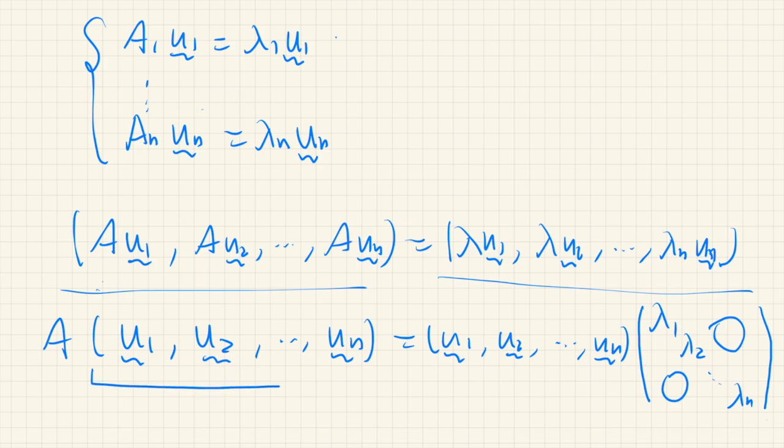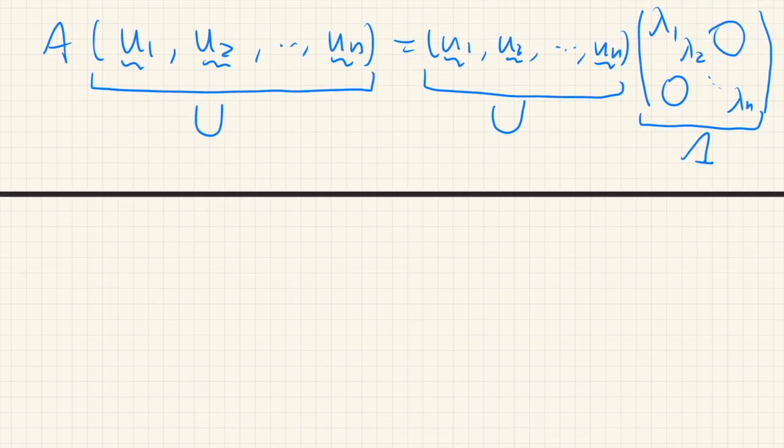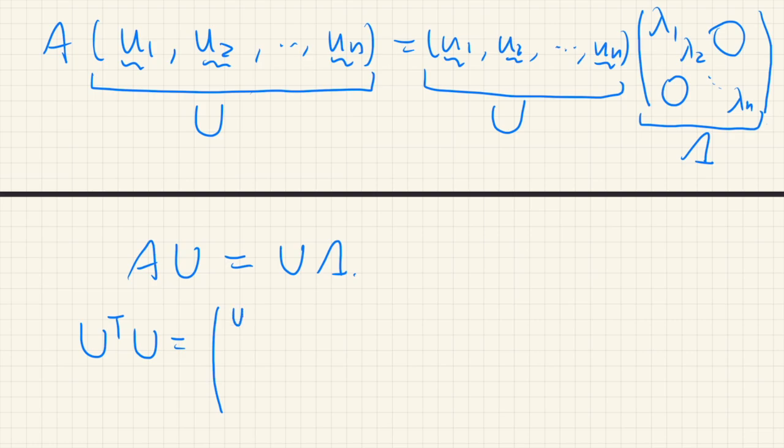Now let's define this matrix as U, and this diagonal matrix as capital lambda. Then we have AU equals U lambda. But this matrix U is actually an orthogonal matrix. So U transpose times U is this. If we transpose this, we have u1 transpose, u2 transpose, and so on, un transpose, times u1, u2, and so on, un.